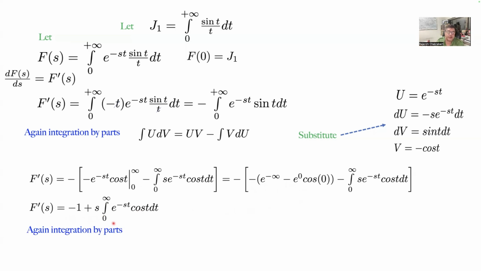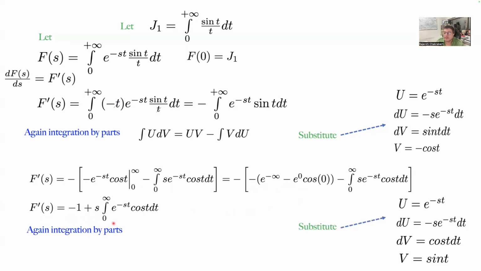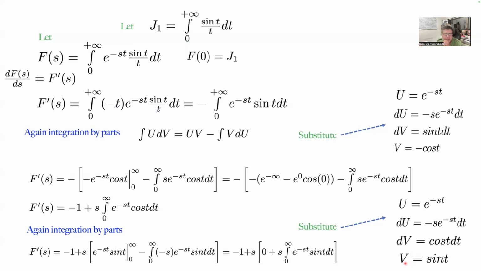Again, we use integration by parts. We make this substitution from here: u as exponential minus st, so du is minus s exponential of minus st dt, and dv is cosine t dt, so that v is sine t. If you make this transformation, it is not very difficult to do. It can be shown that eventually f prime s would become something like minus 1 plus s.